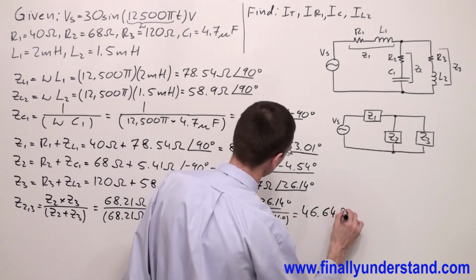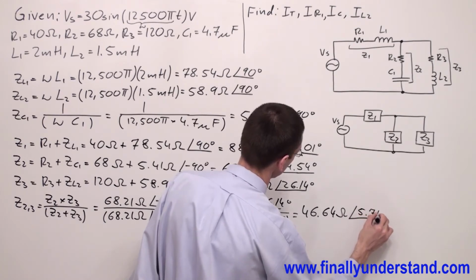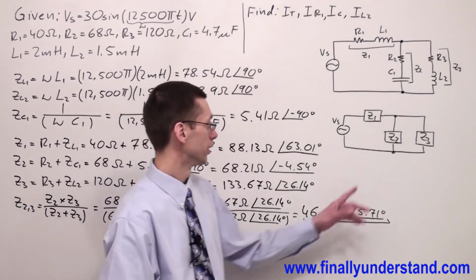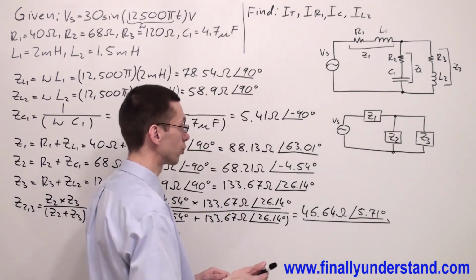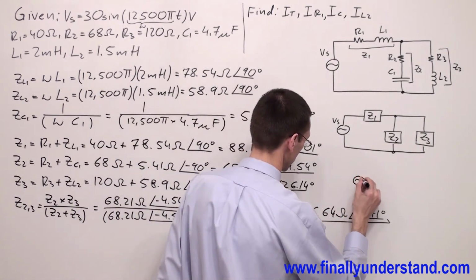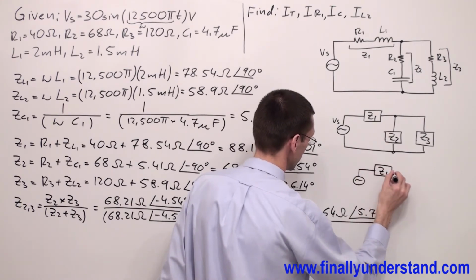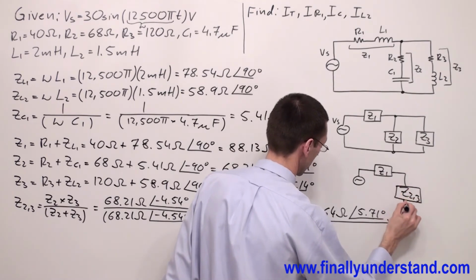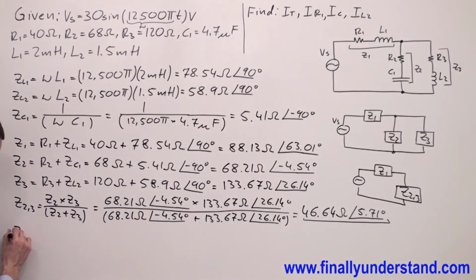46.64 ohms and angle of 5.71 degrees. Okay, so this is the impedance of these two impedances combined together. Next, we can redraw the diagram, and we are going to have Z1 in series with Z23. So in order to find Z total, I'm supposed to simply add these two impedances together.